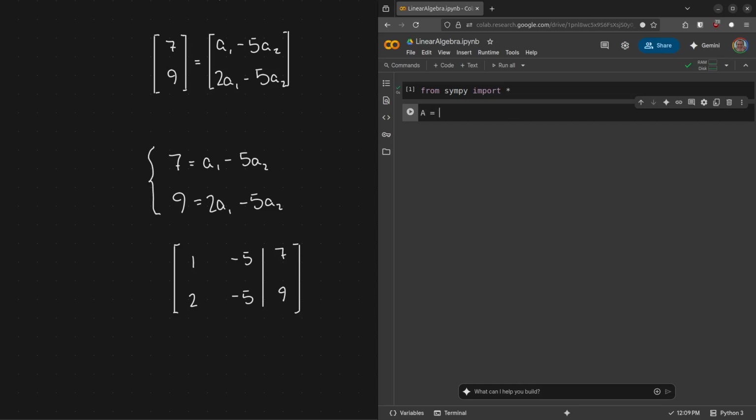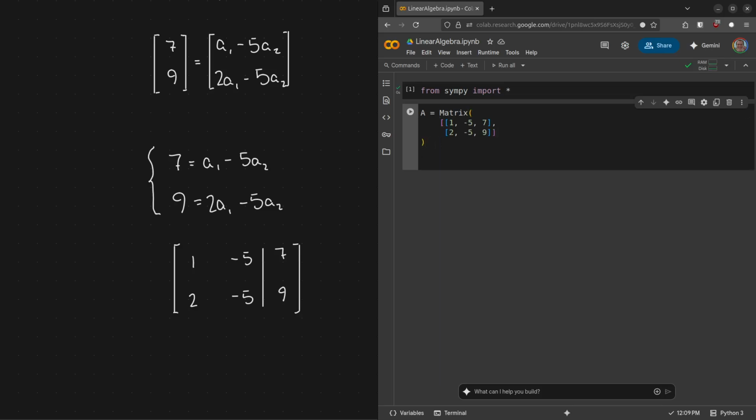So let's get our coefficient matrix. I'll call it A. So the first row is 1, negative 5, and include the augmented part also, 7. And the second row is 2, negative 5, and the augmented part is 9.